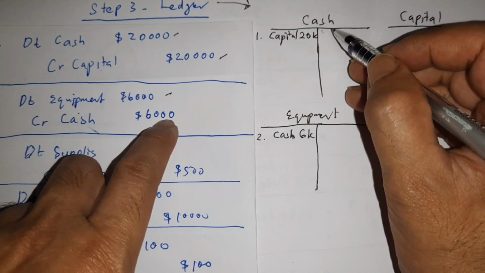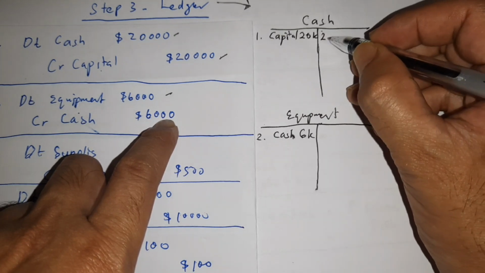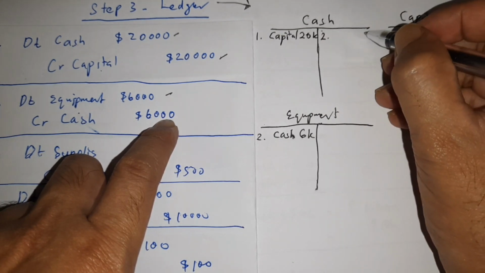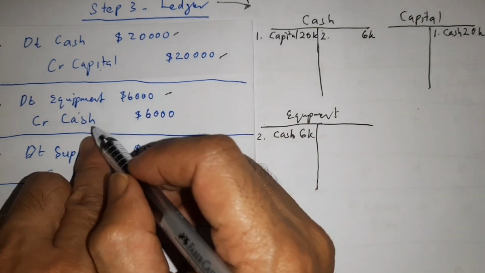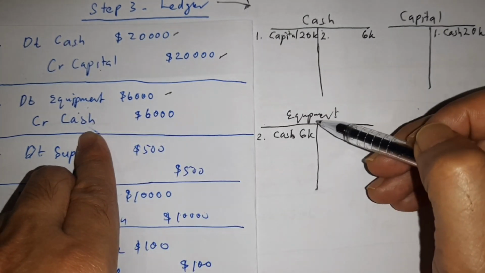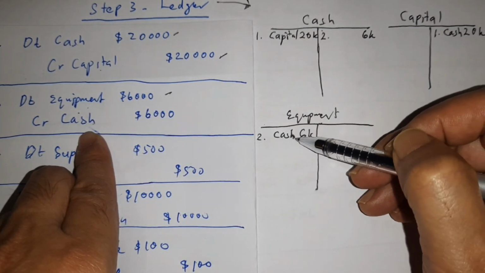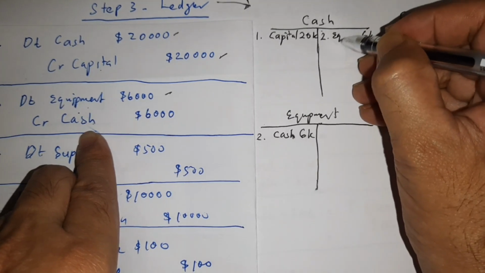You have to credit this account. The amount is 6,000. The transaction number 2, credit account cash 6,000. You write here 6,000. Credit account cash, refer to account equipment. So you debit account equipment, refer to cash. Credit account cash, refer to equipment.